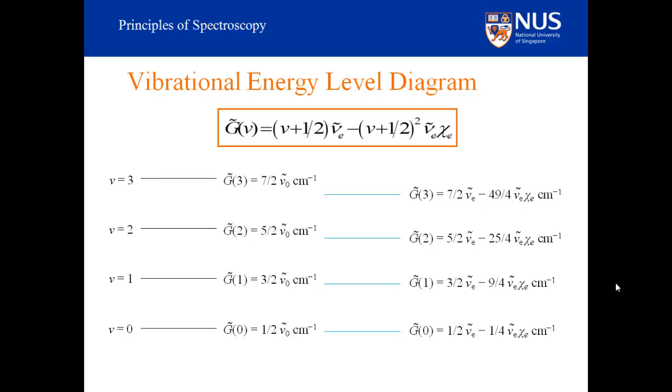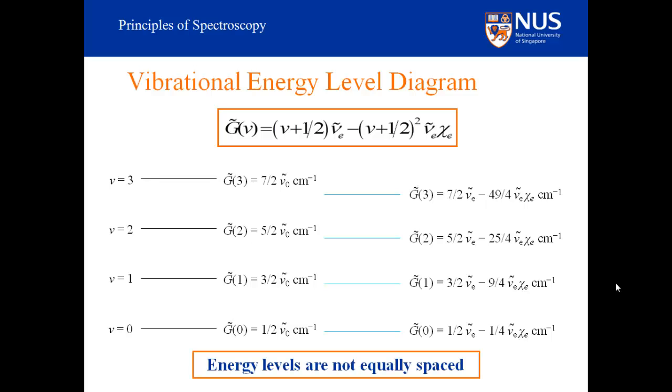Well, it will be 3 halves nu E minus 9 quarters nu E chi E minus a half nu E plus a quarter nu E chi E, which is equal to nu E minus 2 nu E chi E. With the harmonic solution we had nu E, but now we've got nu E minus 2 nu E chi E. We will discuss this again in just a little while.